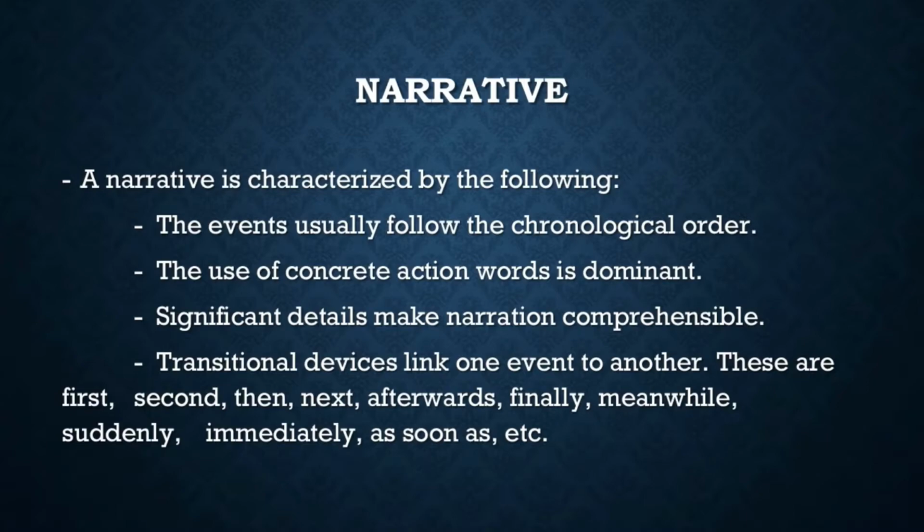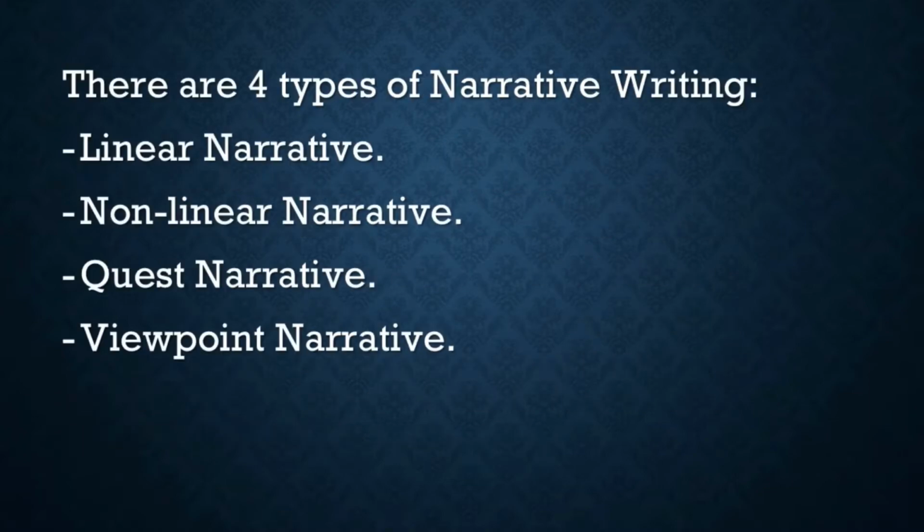It means that in narration, the details can be more easily understood. Transitional devices link one event to another. These are first, second, then, next, afterwards, finally, meanwhile, suddenly, immediately, as soon as, etc.